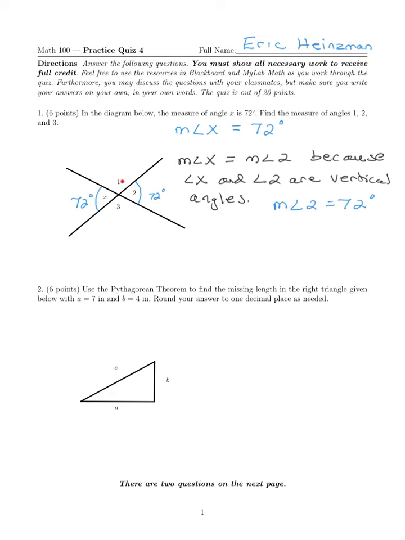Angle x and angle 1, for example, are supplementary angles. That means they add to 180 degrees. So I'll note that the measure of angle x plus the measure of angle 1 equals 180 degrees, and that's because angle x and angle 1 are supplementary angles.